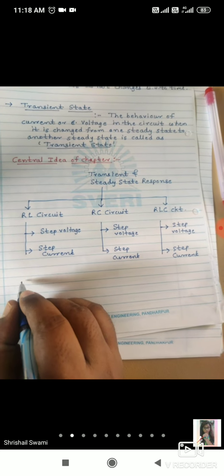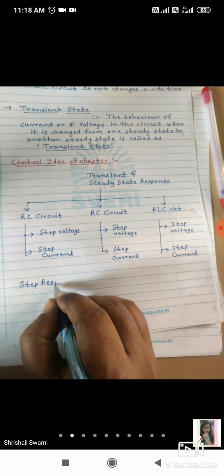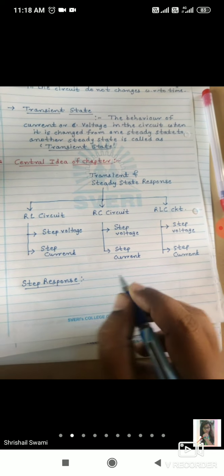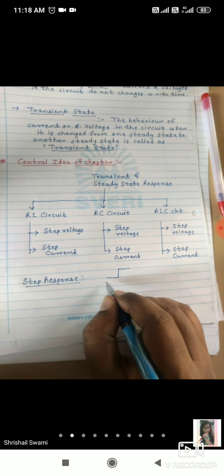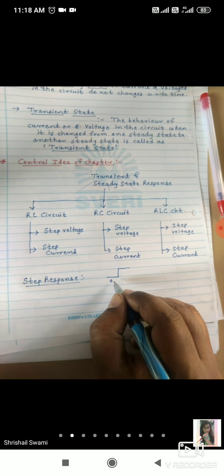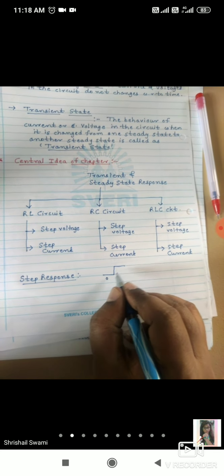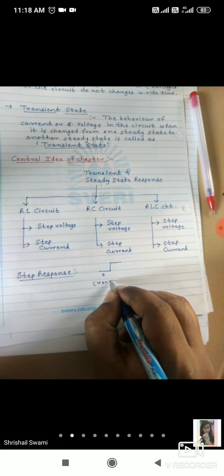Now next, what is the step response? I told you step voltage and step current. So what is that actually? Step voltage means it is the application of a signal like this. Suppose it is zero value, 0 ampere or 0 volt. If it is a voltage source, then it is 0 volt. If it is a current source, then it is 0 ampere. So I will write volt or ampere.